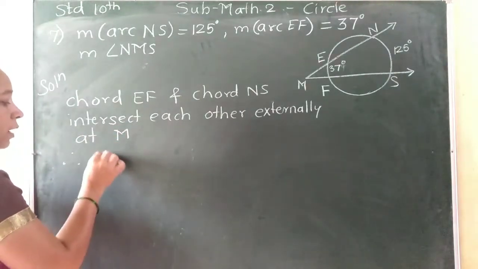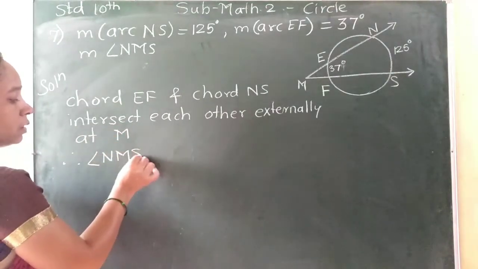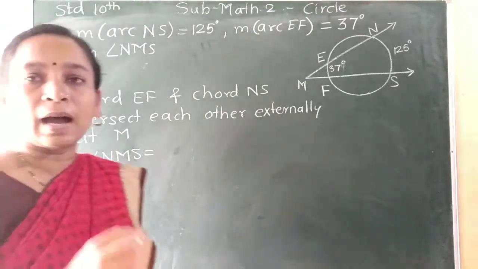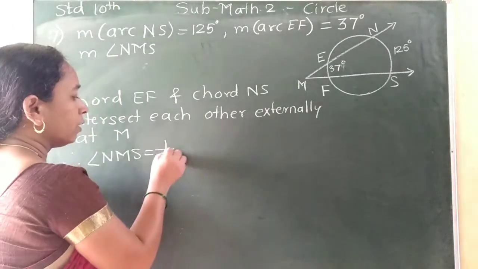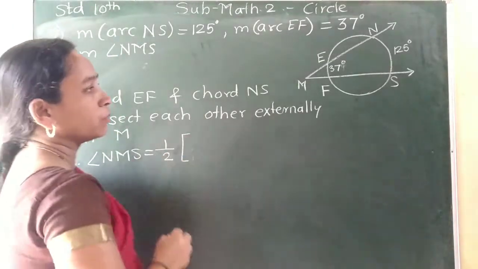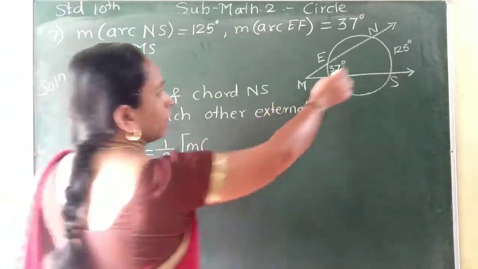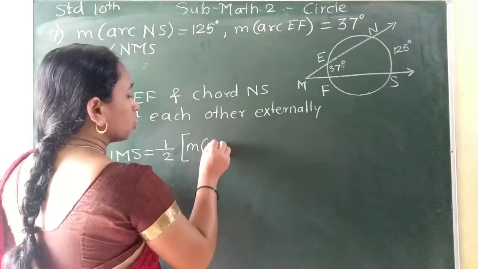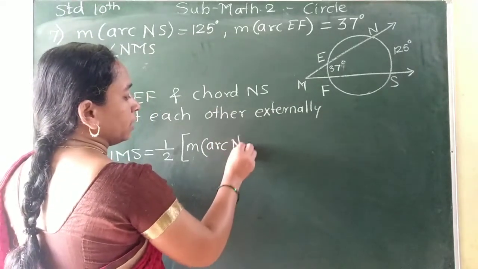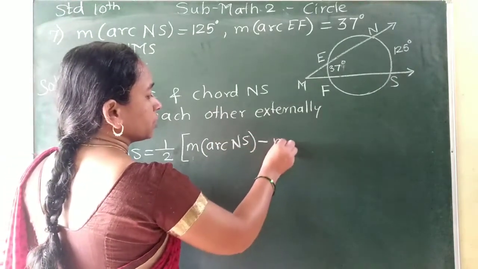Therefore, angle NMS is half of the difference of the measures of these arcs. The bigger arc is NS.